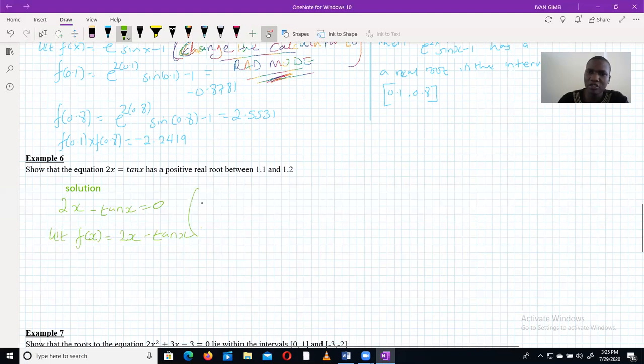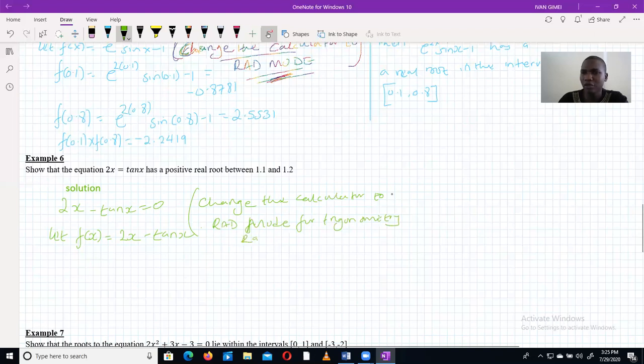Still, change the calculator to radian mode for trigonometry ratios.